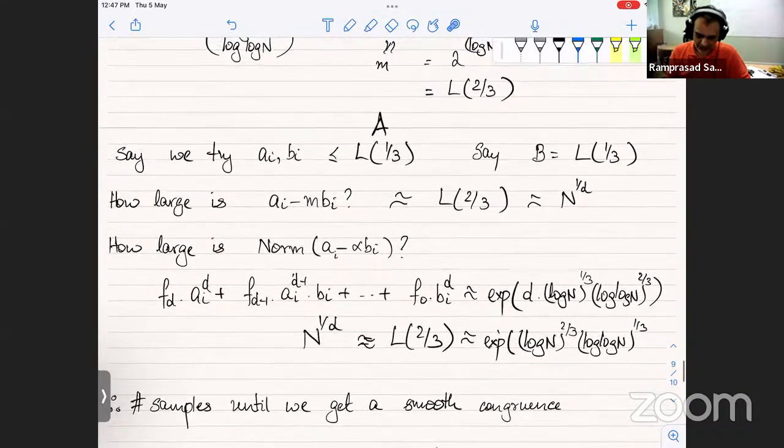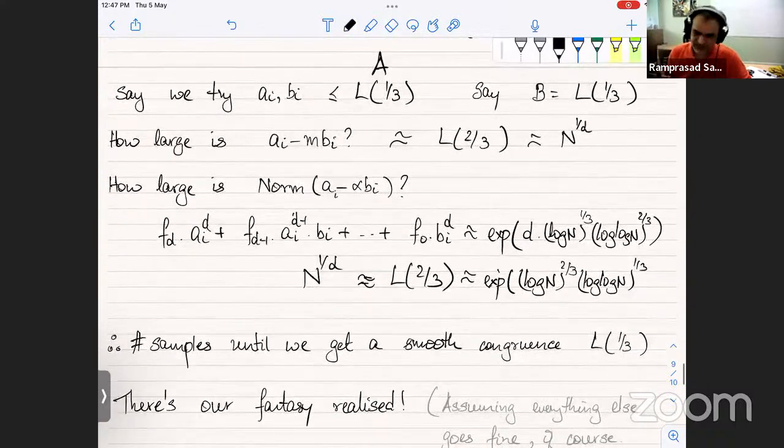If you think about how many samples you need until you get a smooth congruence, you are looking for numbers in the range of L 2/3, and you're asking how many of them are expected to be L 1/3 smooth. And if you work out exactly, this will also be another L 1/3.